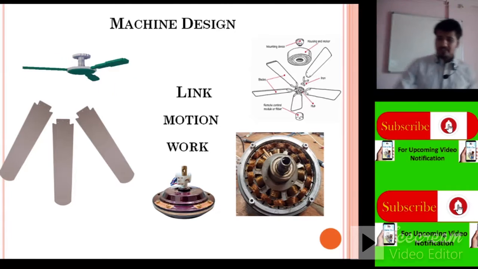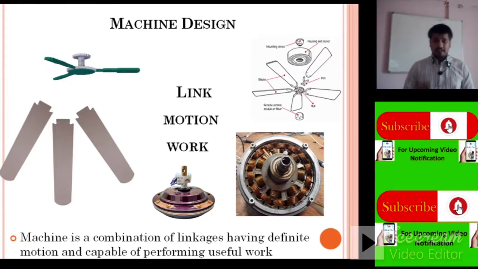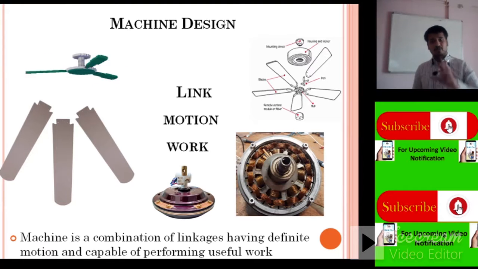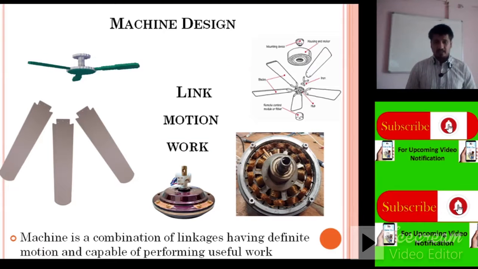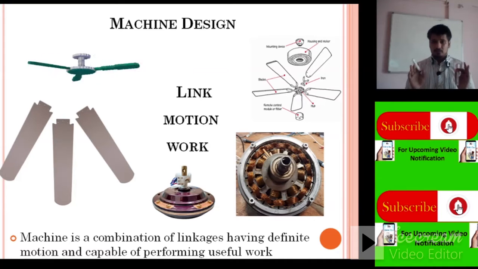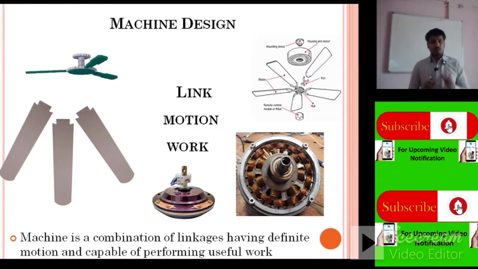Now we will see the statement of machine design, what actually they have written, and we are going to try to compare it with our example also, what we have studied here. The machine is a combination of linkages having definite motion and capable of performing useful work. Here we add a number of linkages, which linkages? Blade, rotor, electric winding, bearing and all the internal components of the fan. Machine is a combination of linkages.